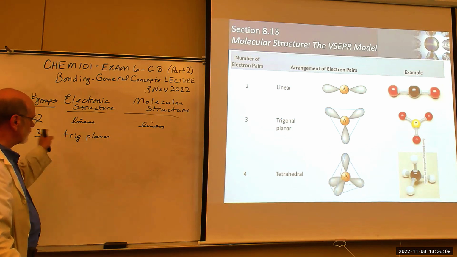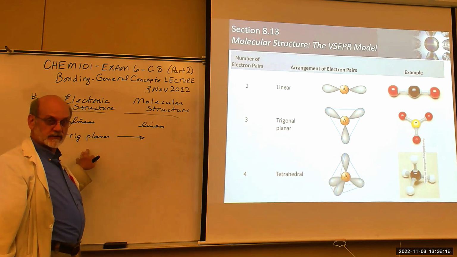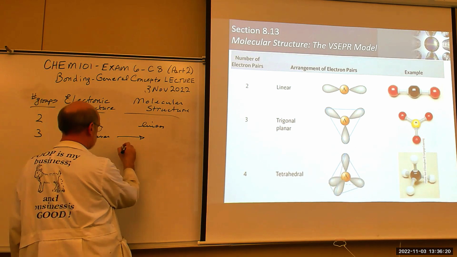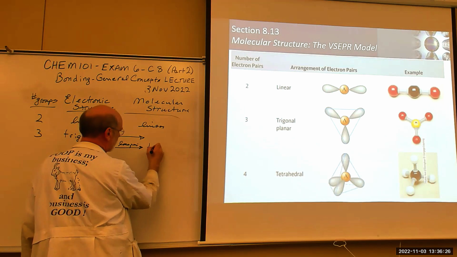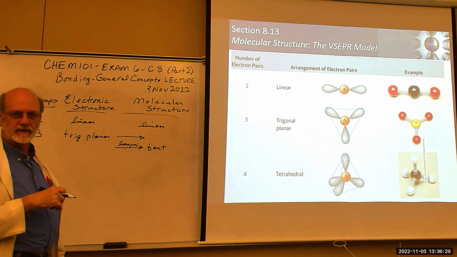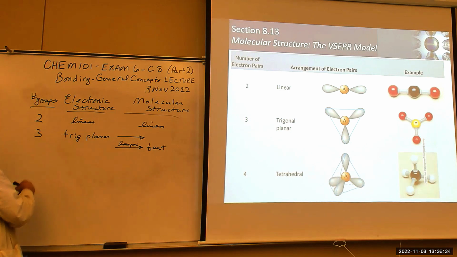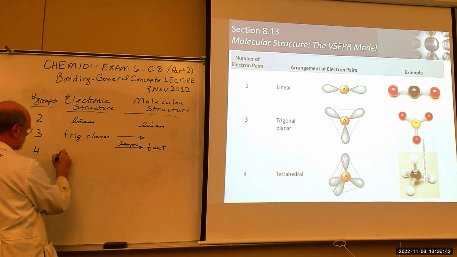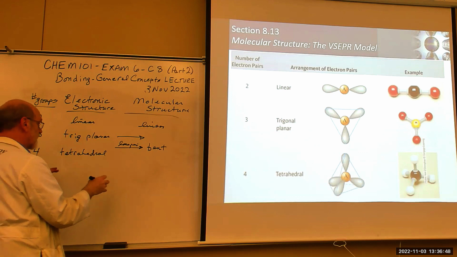It depends on whether you have lone pairs. If there are no lone pairs, you still have a trigonal planar molecular structure. If you have a lone pair, then the molecule is bent, or some books call it angular. If you have 4 groups, the electronic structure is tetrahedral.